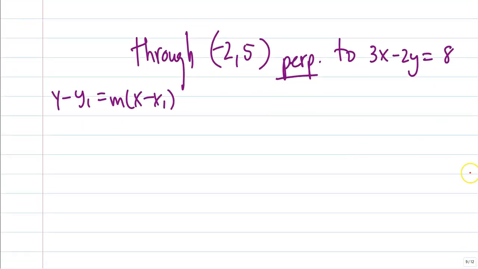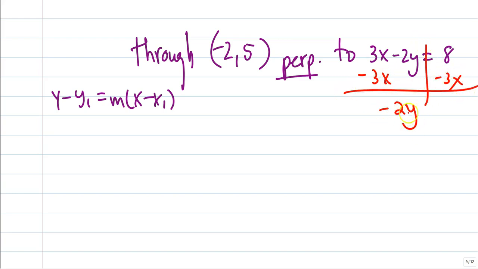And last, through this and perpendicular. Once again, perpendicular means opposite reciprocal slope. This doesn't give me the slope, so I have to take it again and solve for y. Negative 2y is equal to negative 3x plus 8, dividing by the negative 2, which everything gets divided.